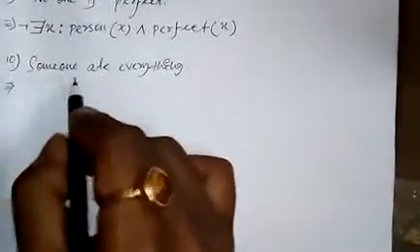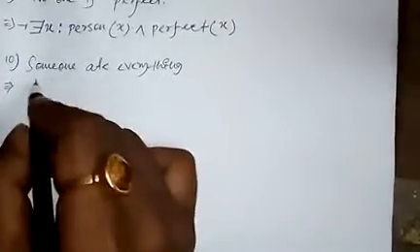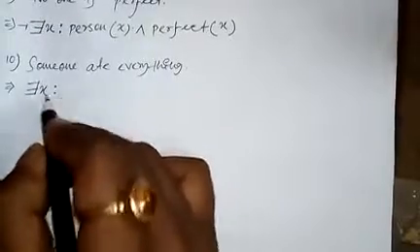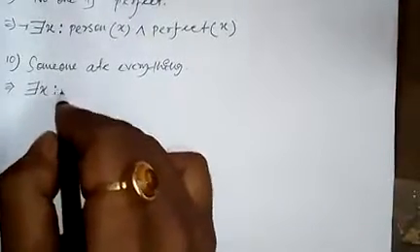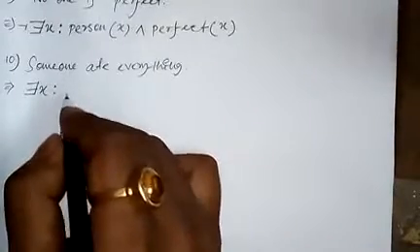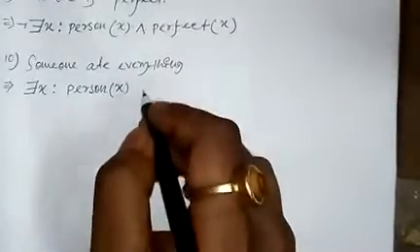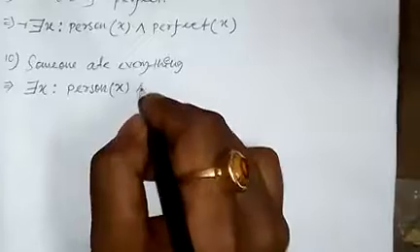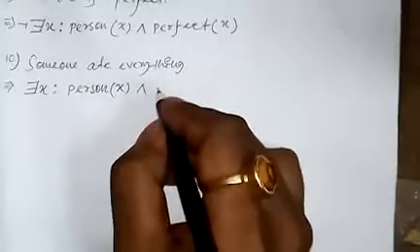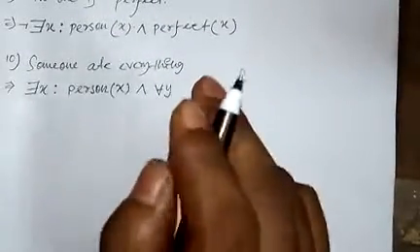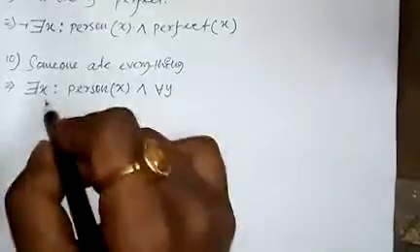The next example is: someone ate everything, right? Someone means there exists some x. Since it is given someone, it means x is a person, and then for all y, where y denotes food, that is, y is the thing that is eaten by x.